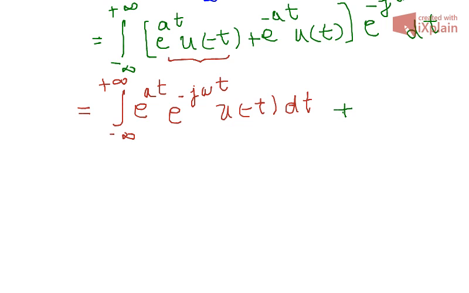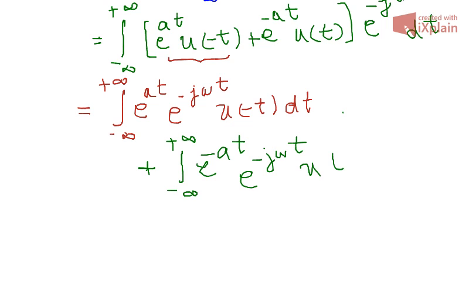I'll write the second integral from minus infinity to plus infinity: e raised to the power minus at, e raised to the power minus j omega t and u of t dt, right? Now let's try to integrate it.